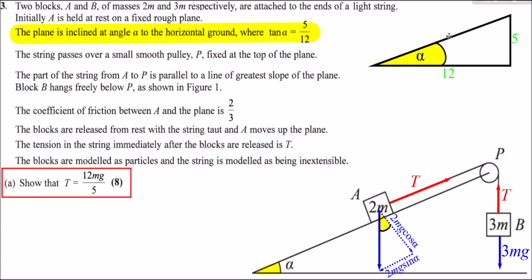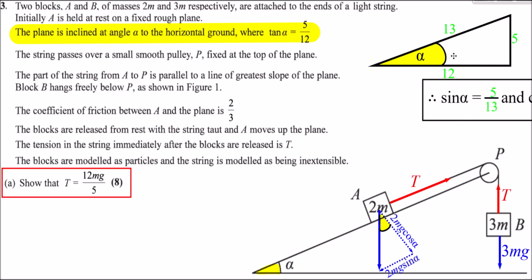So the hypotenuse here will be 12 squared plus 5 squared, all square rooted. So the hypotenuse here would be 13. And then, remembering the trig ratios, sine alpha will be 5/13, and cosine alpha will be 12/13, like so.